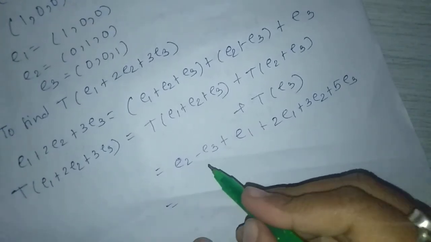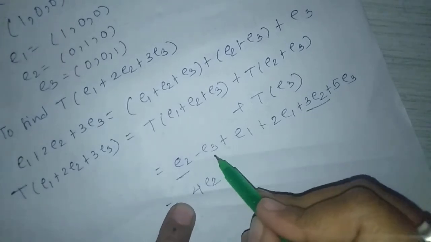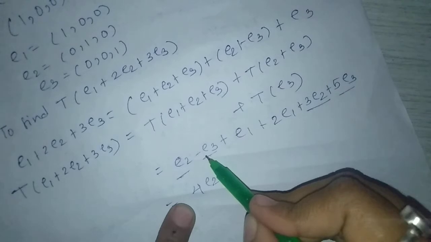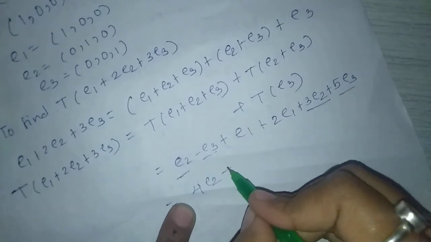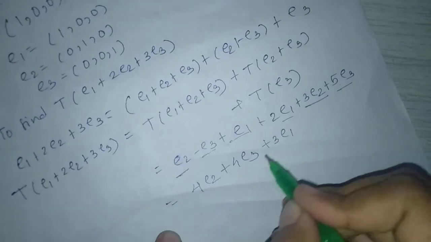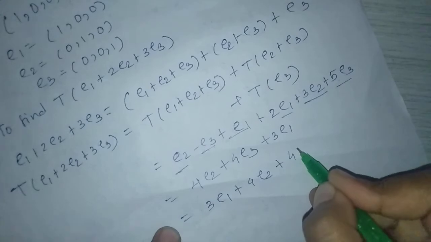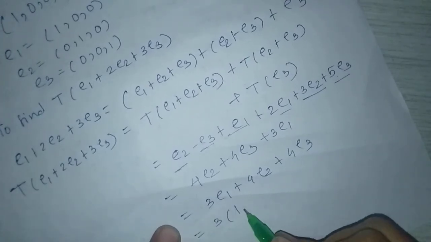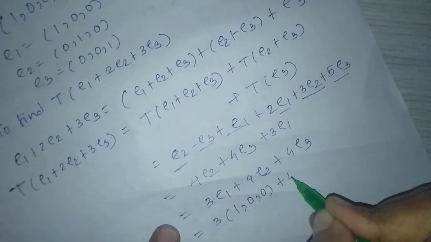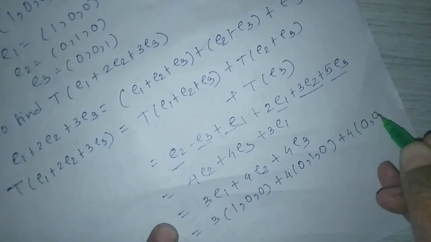Simplifying this, we get 3e1 + 4e2 + 4e3, where e1 is (1, 0, 0), 4e2 is (0, 4, 0), and 4e3 is (0, 0, 4).